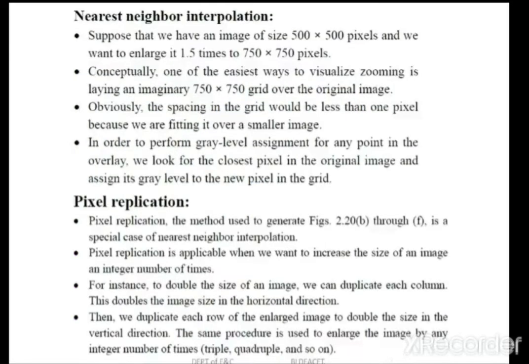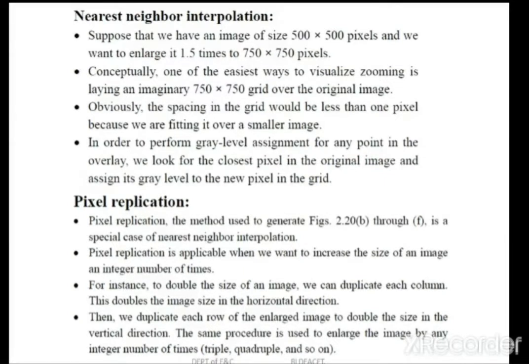Here the first technique is nearest neighbor interpolation. The idea is like this. Suppose you want to zoom an image of size 500 by 500 pixels, say 1.5 times.